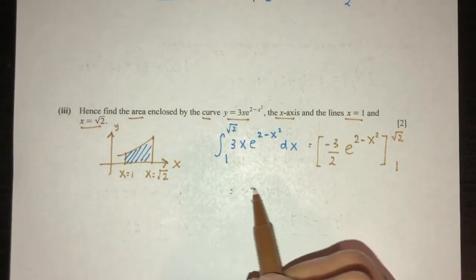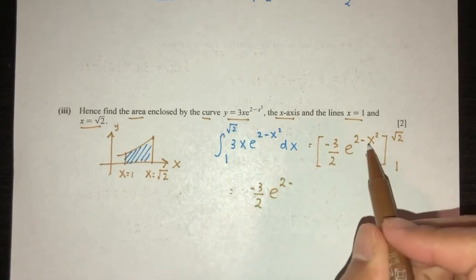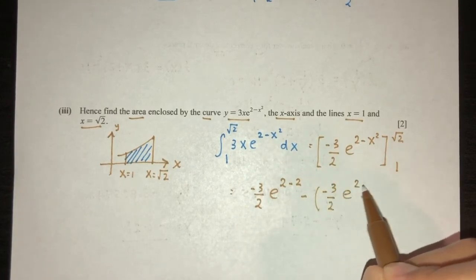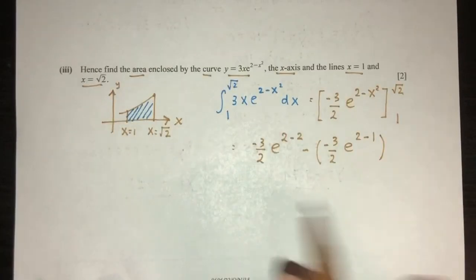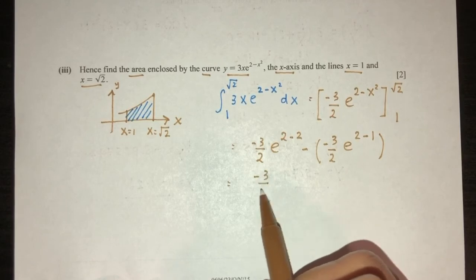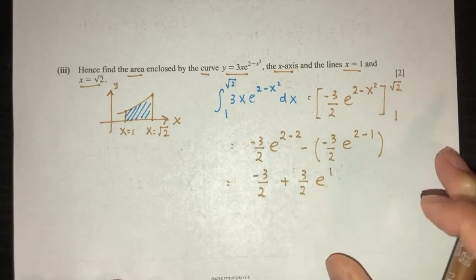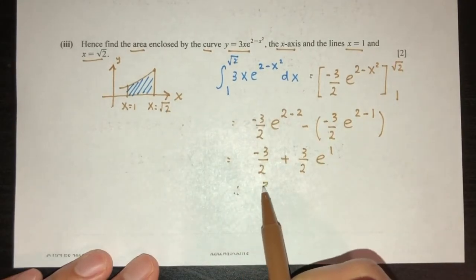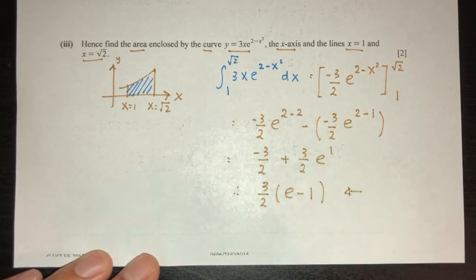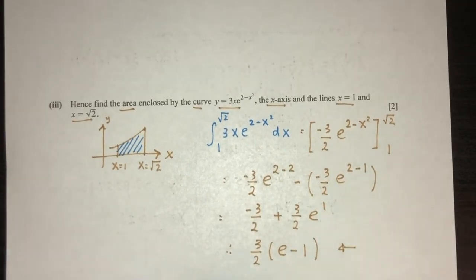Simplify: minus 3 over 2 exponential of 2 minus 2, then minus minus 3 over 2 exponential of 2 minus 1. Exponential power 0 will be 1, so minus 3 over 2 plus 3 over 2 exponential 1. So your answer will be 3 over 2 times exponential minus 1. You can leave your answer like this, or you can solve this to provide your answer as a decimal as well.